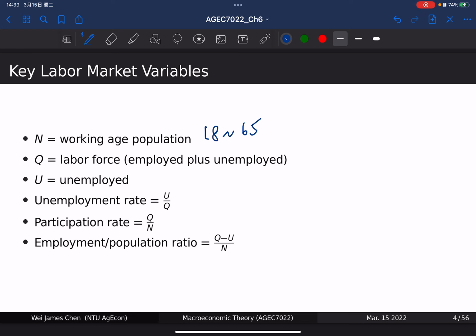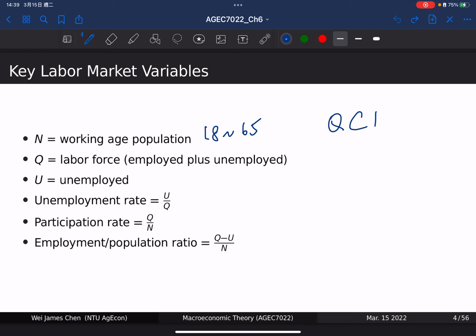I think it's around that age. Then the total number of the population within that age range, that's N. Q is something we call the labor force. Q is a subset of N.